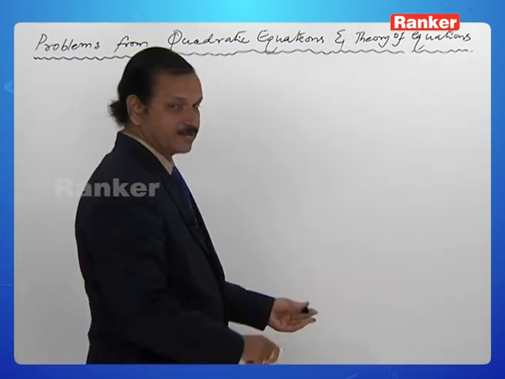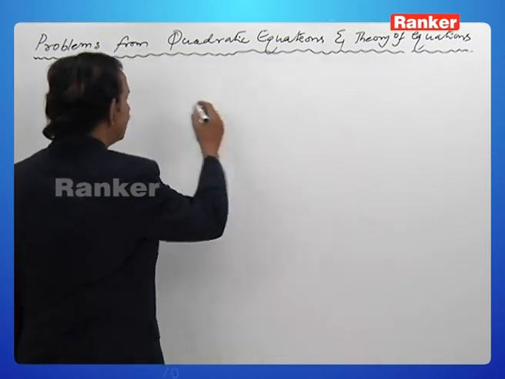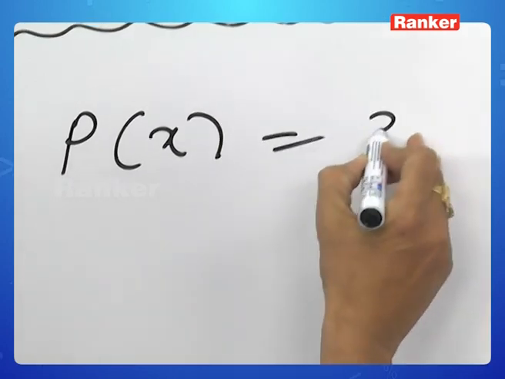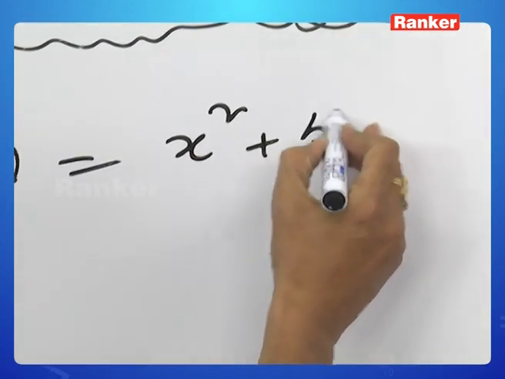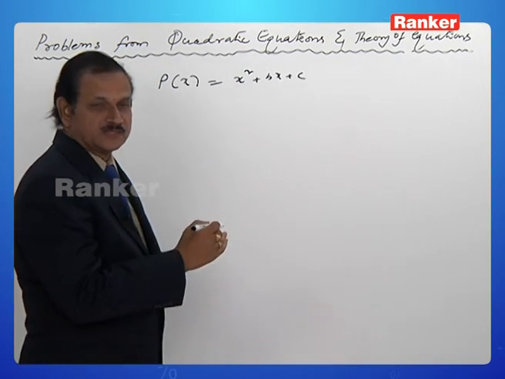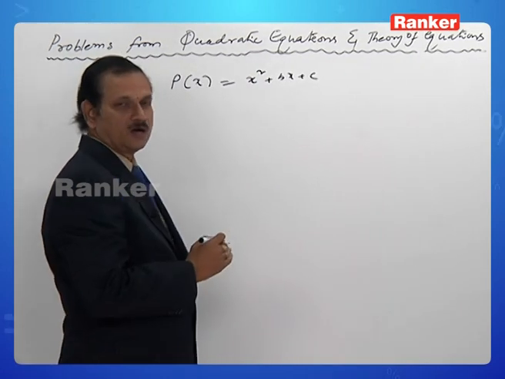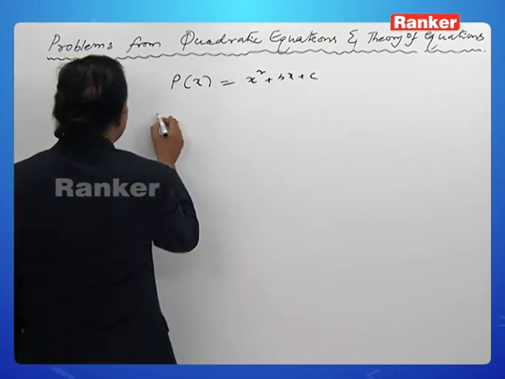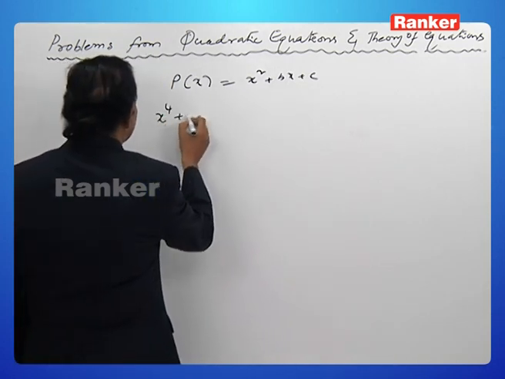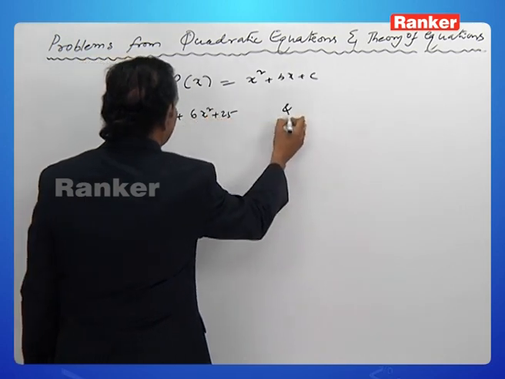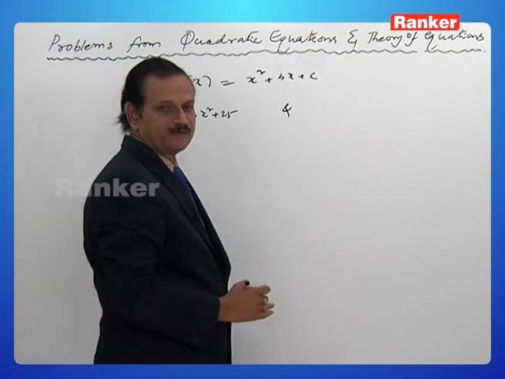Let us first gather the information given. What is p of x? P of x is equal to x square plus bx plus c. This p of x, b and c are integers, is a factor of both the biquadratics x power 4 plus 6x square plus 25, and another biquadratic has been given.